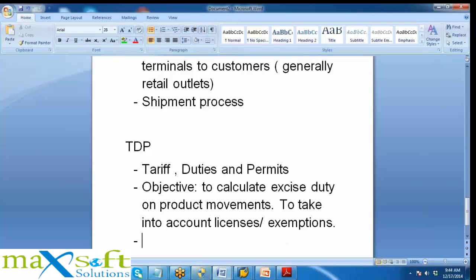So the basic objective of this TDP module practically is to calculate the excise duty on product movement. Also it is to take into account licenses and exemptions.